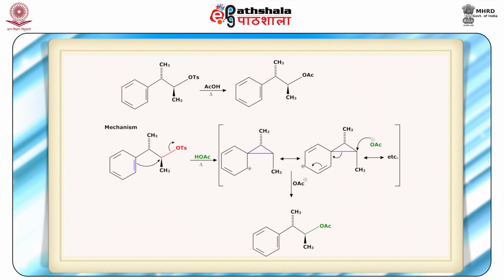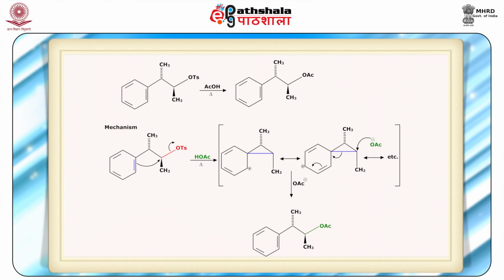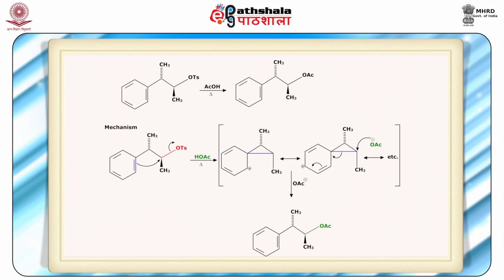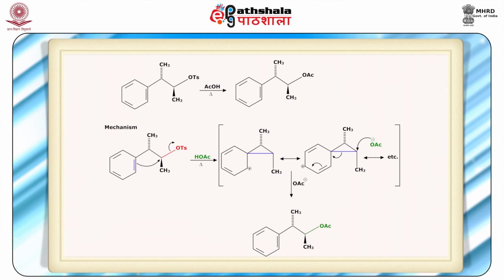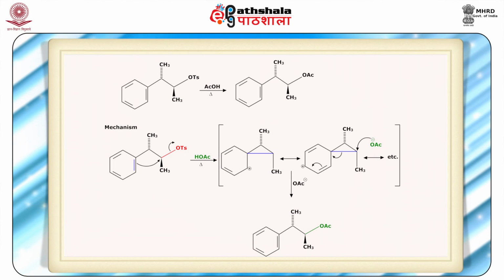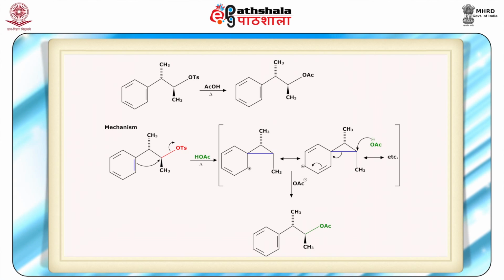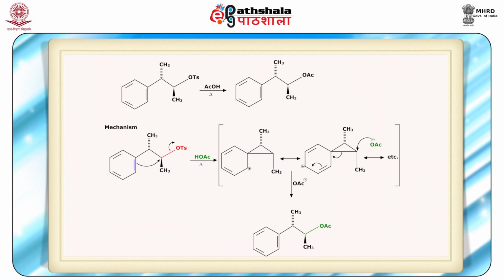So, OAc minus will attack on the carbon where originally the OTs was there, and then this C-C bond leads to cleavage and retention of the aromatic character of the phenyl ring. So, what we get is the product where the OAc has attached to the molecule on the same side in terms of stereochemistry where the OTs was there.